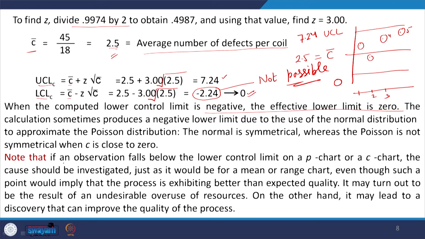Note that if an observation falls below the lower control limit on a P chart or C chart, the cause should be investigated, because, as I have already mentioned, any point below the LCL looks like a very satisfying result, but random occurrence is not good.